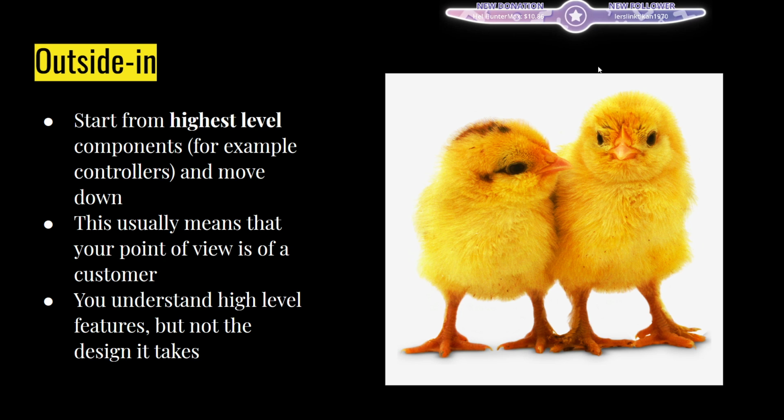Outside in is basically a top-down approach where you look at the system from the perspective of a client or a customer. You understand what it needs to do at a story level, at feature level, but you don't really have an idea how it's going to do that. Therefore, such outside-in design, especially in testing, will involve a lot of mocks and replacements and dummies.